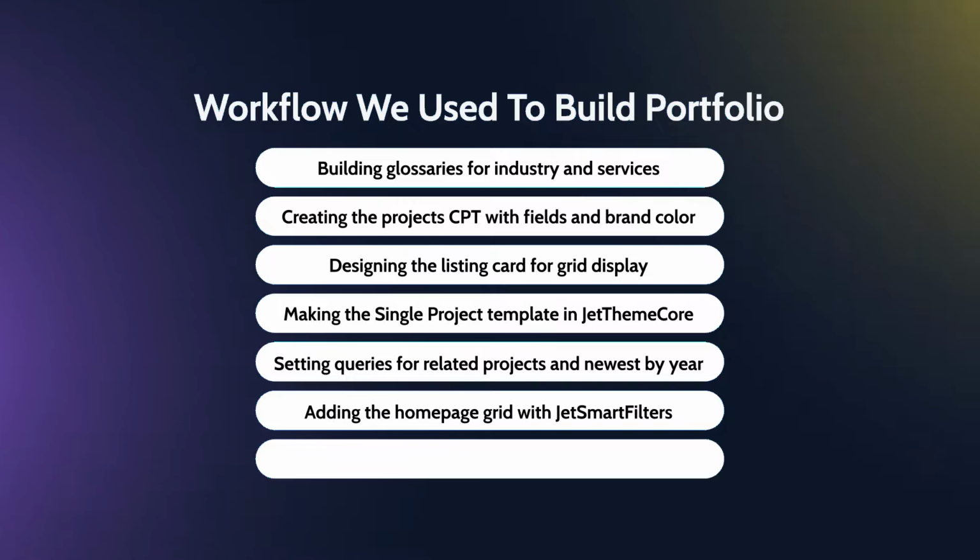On the homepage, we placed the main portfolio listing grid and added filters. The set of filters was created first in the JetSmartFilters dashboard, then connected to the grid with the dedicated widgets in Elementor. Finally, we wired anchors in the header and footer so those links work across all site pages.